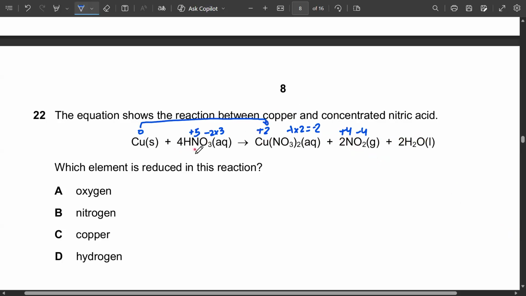And nitrogen changes from +5 to +4. So this shows the reduction. So nitrogen is basically reduced. This nitrogen has no effect because it is still in +5. So there's no change for this nitrogen, but there is a reduction for this nitrogen.